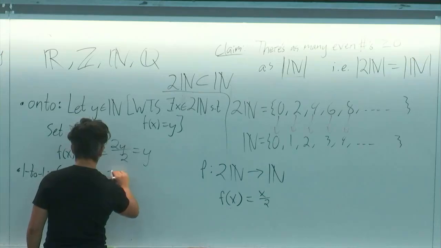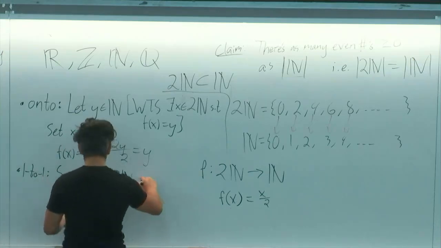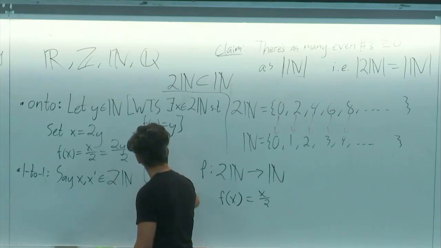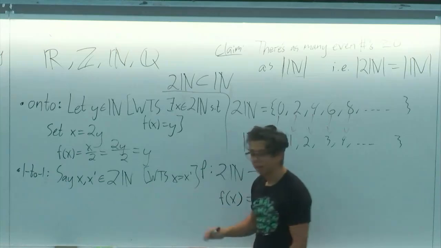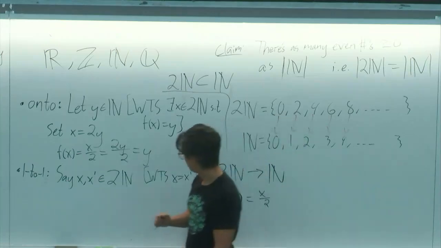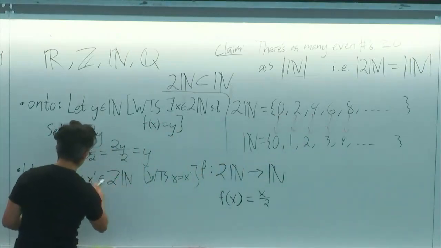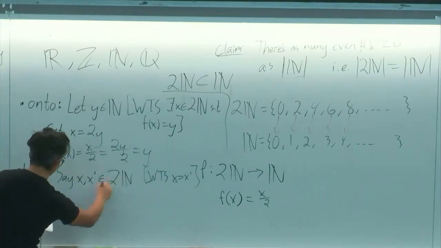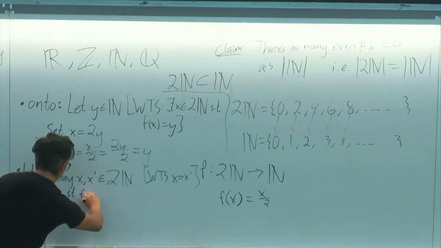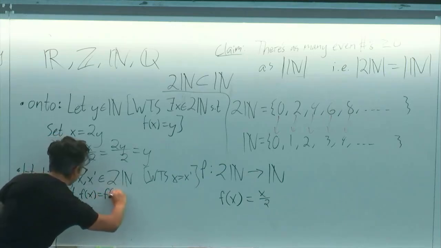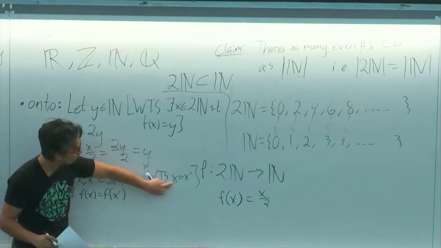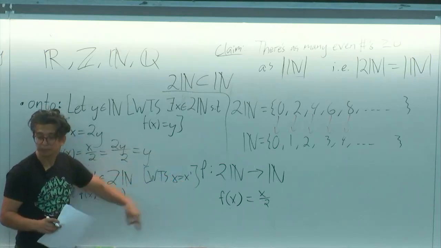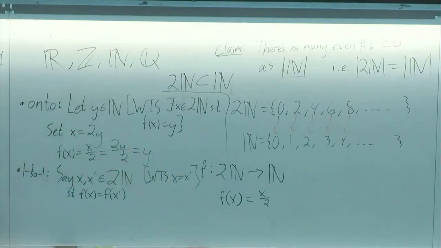Say that x and x prime are in 2n such that f of x equals f of x prime. If we have a collision, we want to show that those were actually the same thing, so there's no collision. That's what one-to-one means.